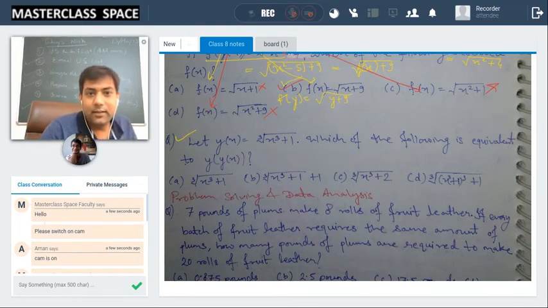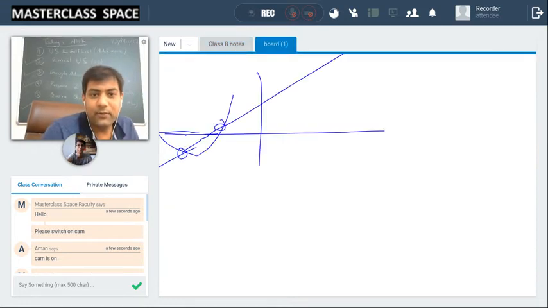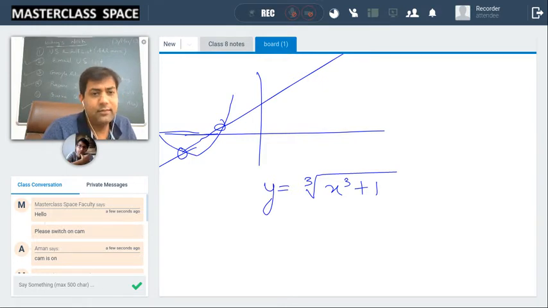Okay, let me just solve it here some way. y equals the cube root of x cube plus 1. Very easy. This is y of x. y of x means y is a function of x.